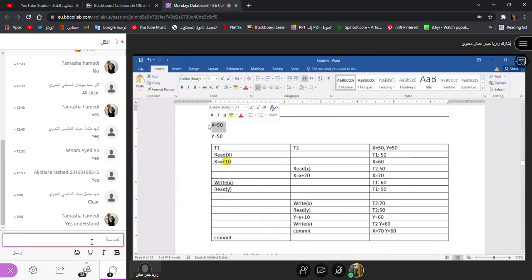Then you do some operation which says x plus 10, which is 50 plus 10. So you will get 60. Yes. Now read x. So now transaction 2 is reading x. So what will it read? 50 or 60? Answer me now. What should it read? 50 or 60?